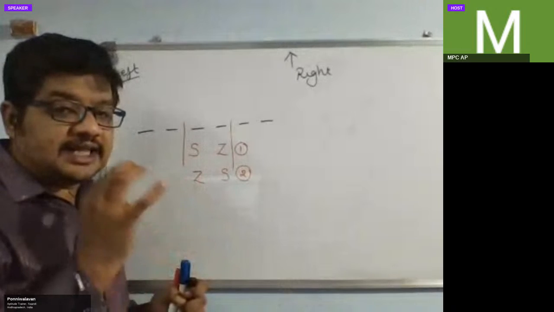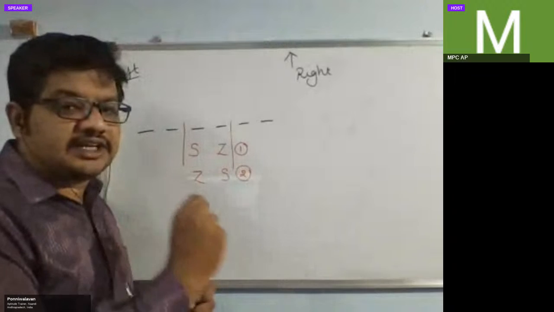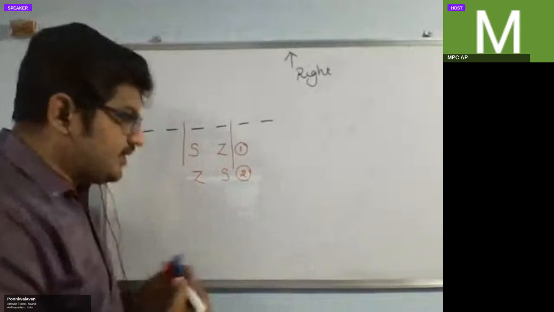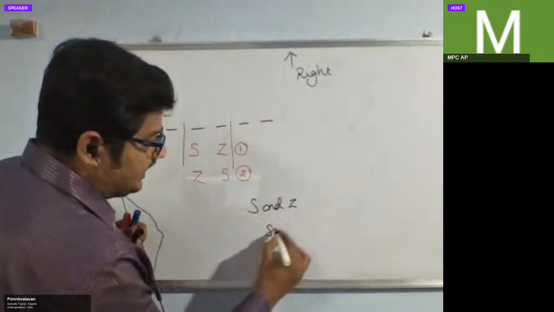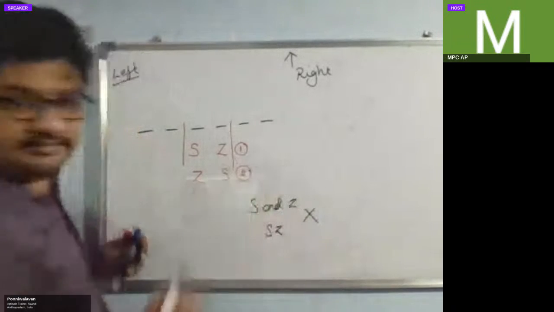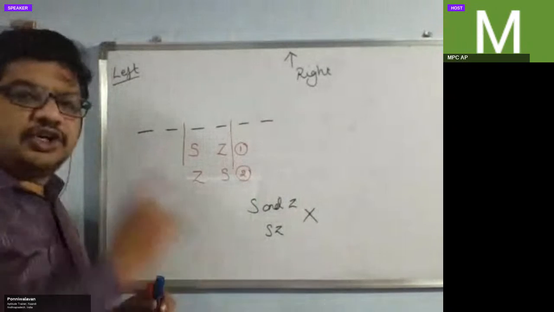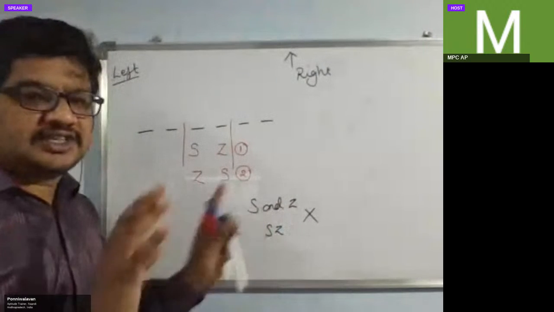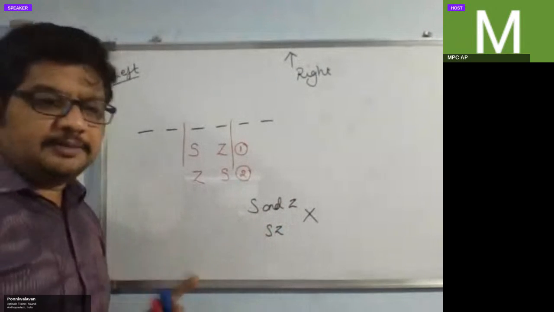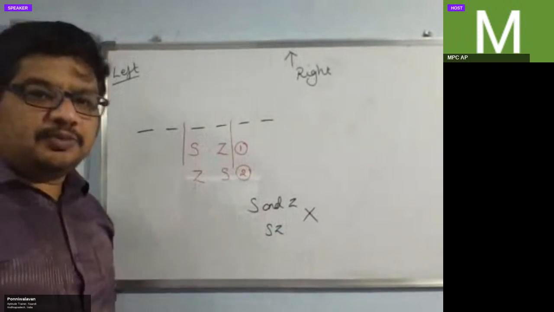Don't consider the alphabetical order and the order of the letters given in the question. Sir, in the question they are giving S and Z, so I am taking S, Z. No, this is wrong. Don't consider the order of letters given in the question. Based on the condition only you have to find. So both are possible.